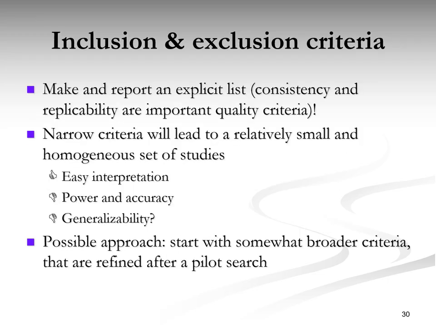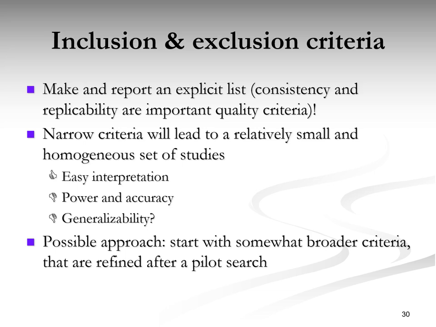So it is important to make an explicit list of inclusion and exclusion criteria. And it's also important to report on that list. Why is it important? Well, in that way you can make a selection of studies in a consistent way.